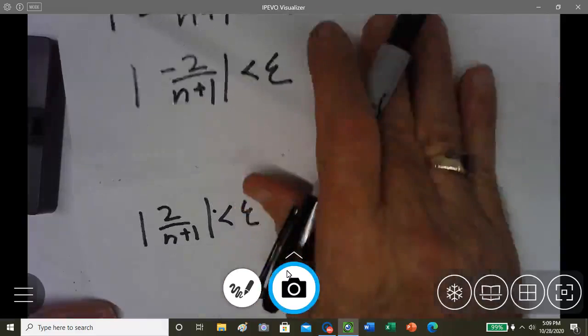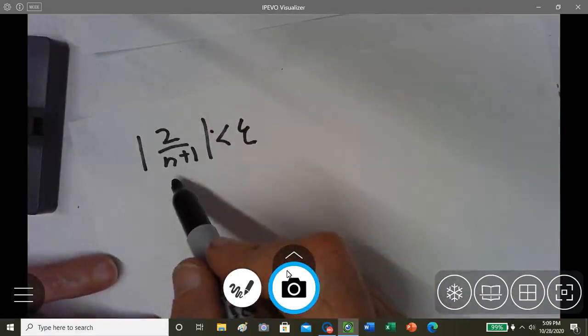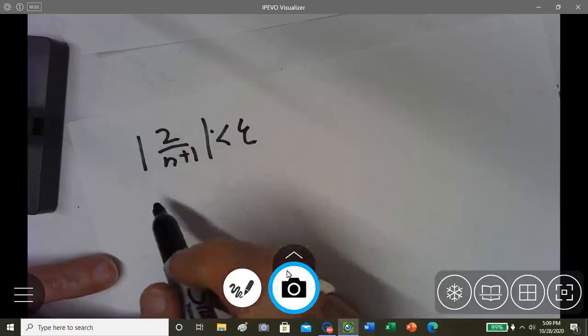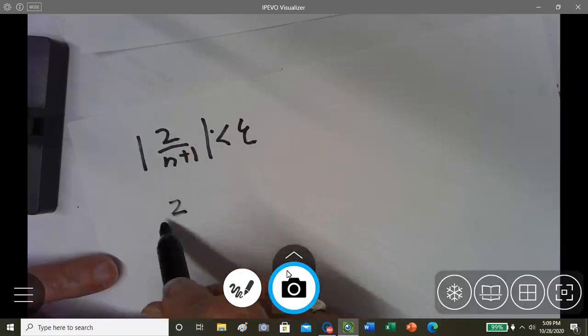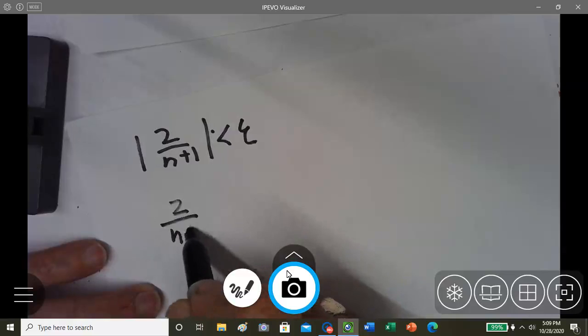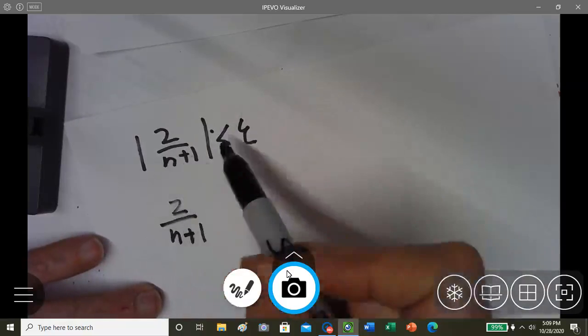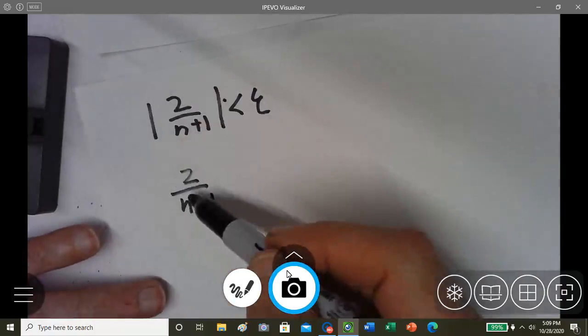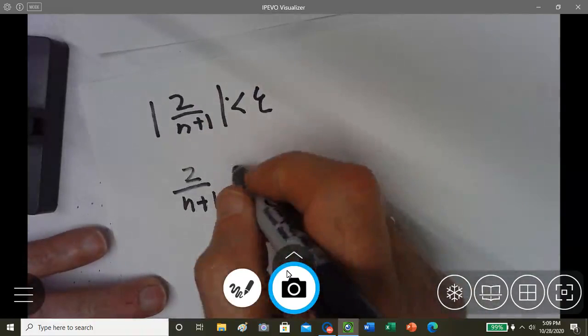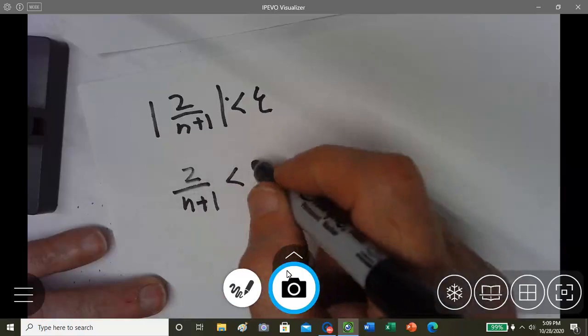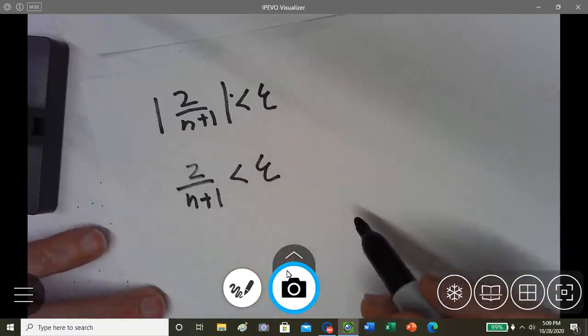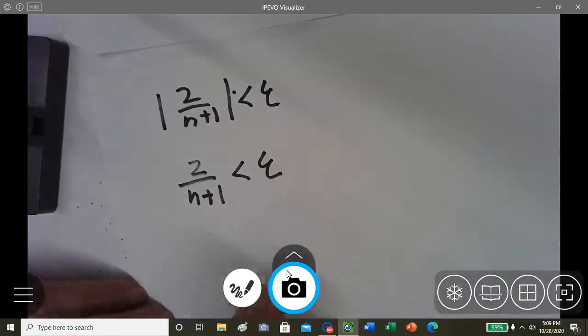From there, because it's always positive, we can drop the absolute value. Since n is always positive as well, that'll be 2 over n plus 1 is less than epsilon. So now we need to solve for n.